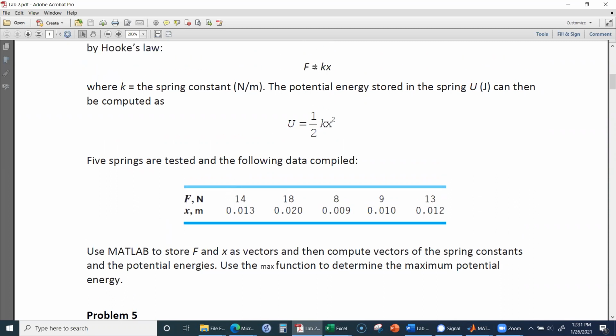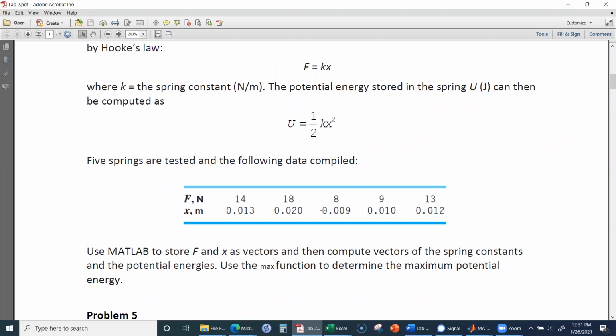because from Hooke's law, we have the F and X, and then we can create the matrix. We can use this data, F and X, and store them in the form of vectors.